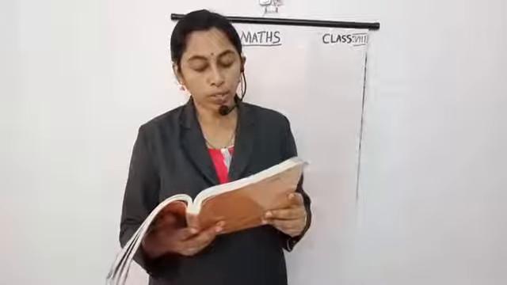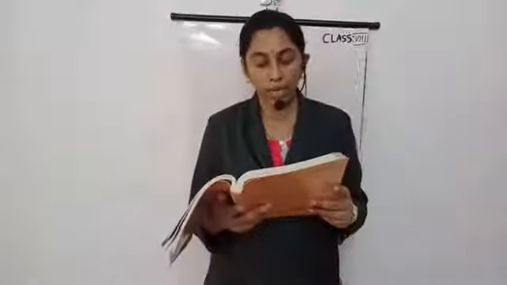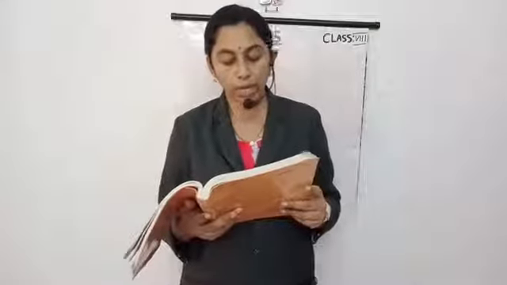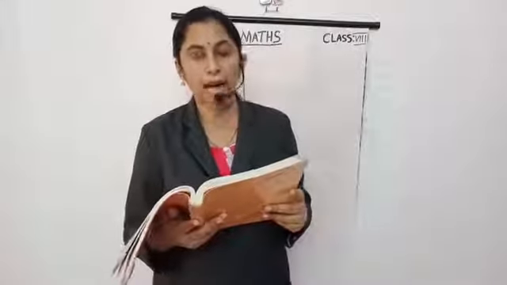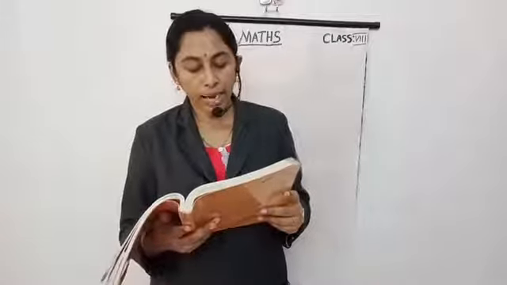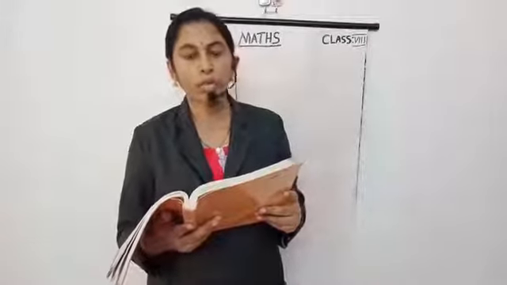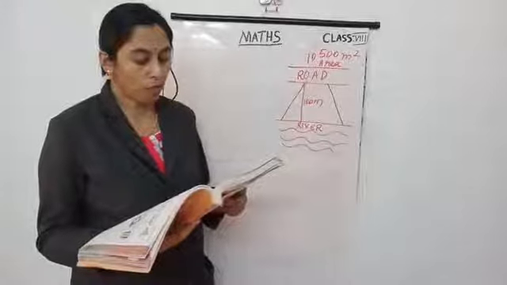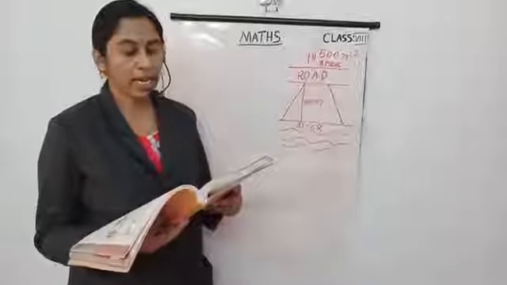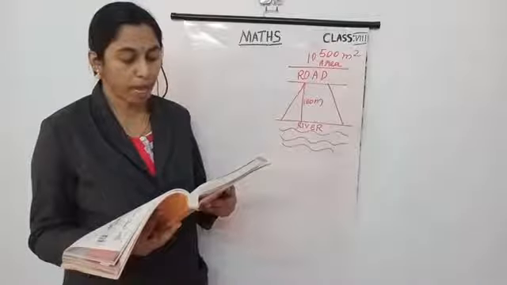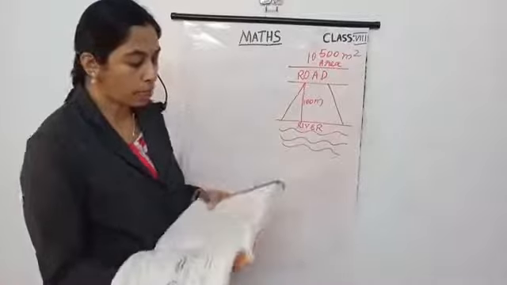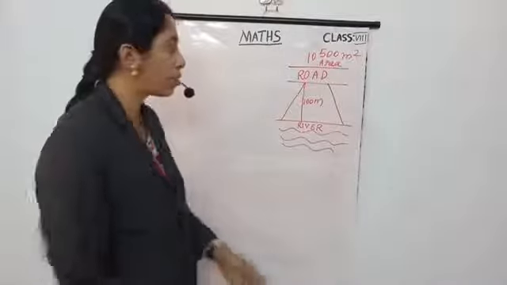If the area of this field is 10,500 meters square and the perpendicular distance between the two parallel sides is 100 meter, find the length of the side along the river. Here given its side along the river is parallel to and twice the side along the road.